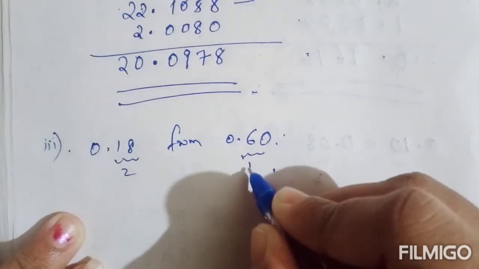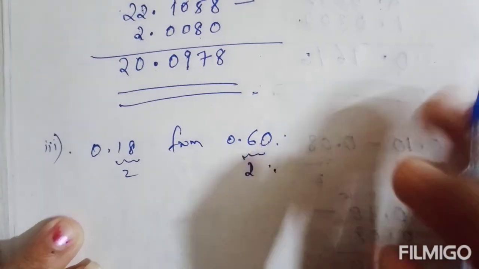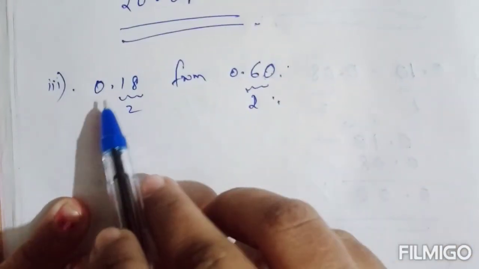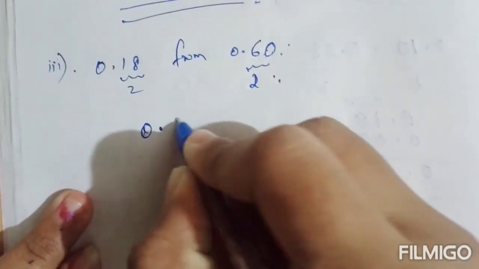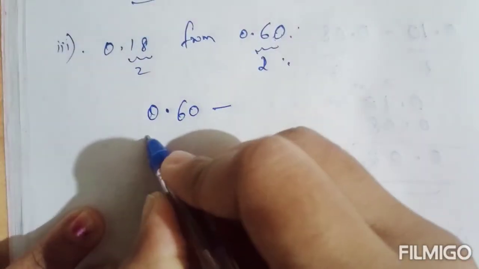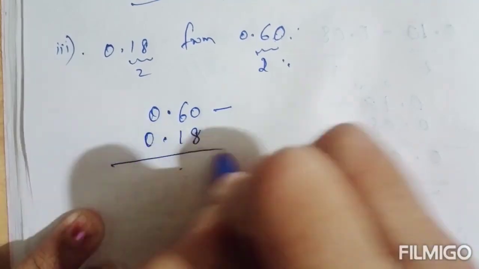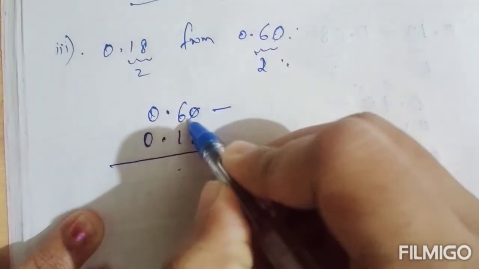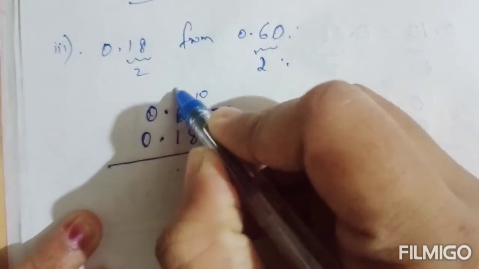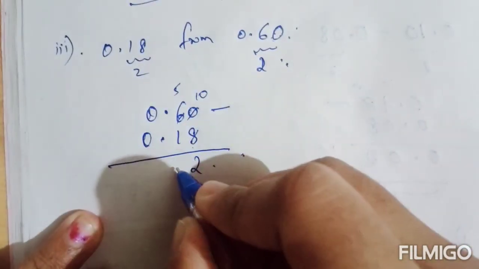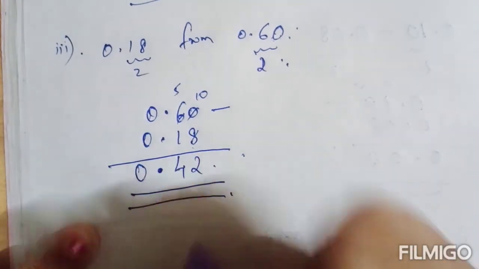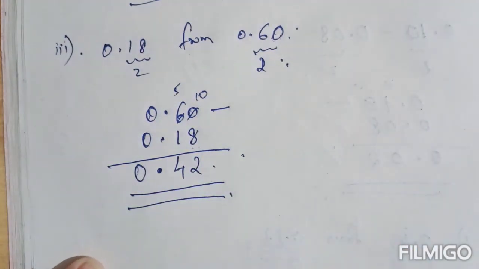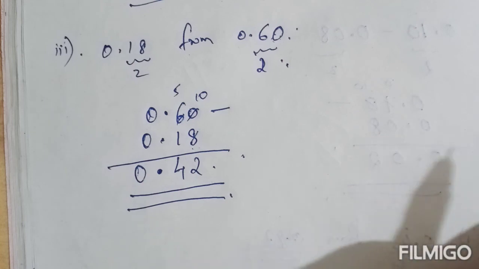You can put 1 zero. You will get 0.18 from 0.60. Okay, from 0.60 you have to subtract 0.18. On subtracting, what you will get? 2 here, then 4, point here, 0, 0.42. Okay, the fourth one and fifth one you can do as homework.